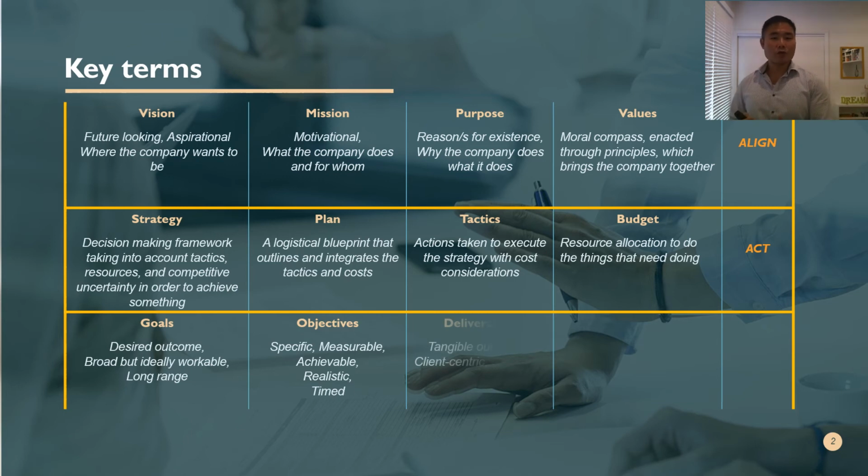Now, getting even more specific are deliverables. So these are things that you actually want to show for the efforts in order to prove that you've achieved these objectives on your way towards attaining that goal. So deliverables sometimes are also thought of as a little bit more client-centric. So if you imagine there's a group working on a project, there's a client they're serving. So a deliverable might be something like, okay, we're going to deliver on a website by this date, or we're going to deliver on a campaign pitch by this date.